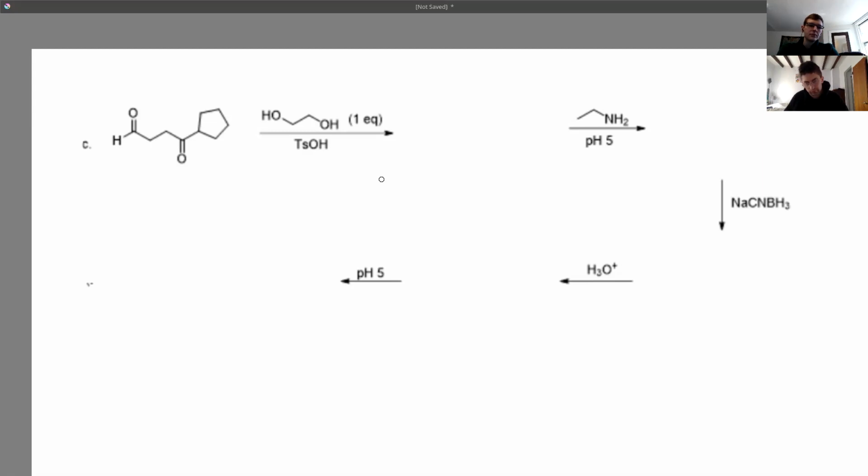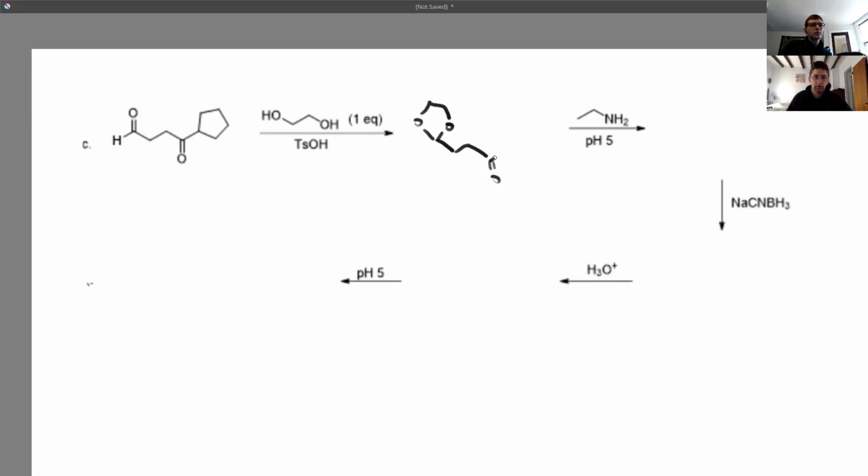My first thought is which one would become the acetal here, and I'm not quite sure. With one equivalent, your aldehyde is going to react faster than the ketone. So the aldehyde will become the acetal first. That's why you can use it as a protecting group, because it will react with aldehydes before ketones.